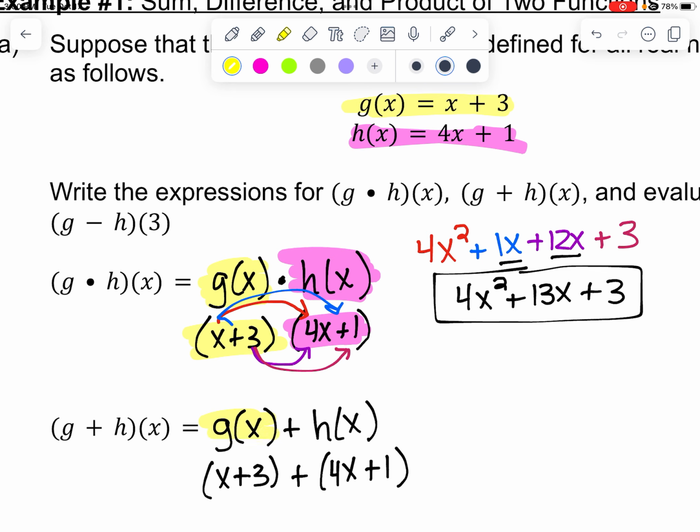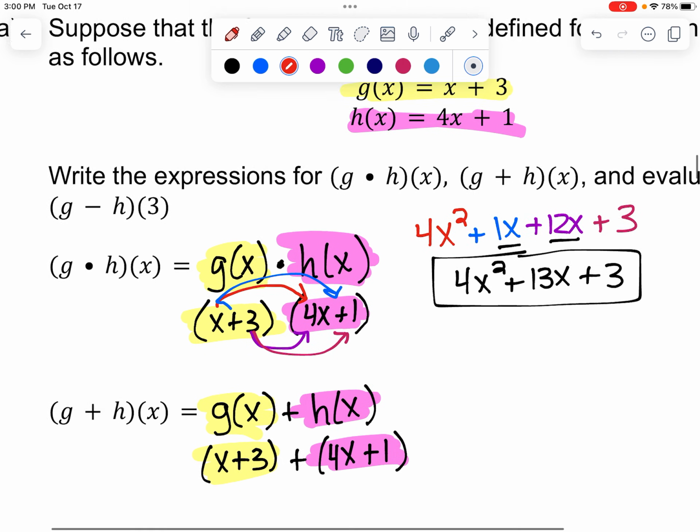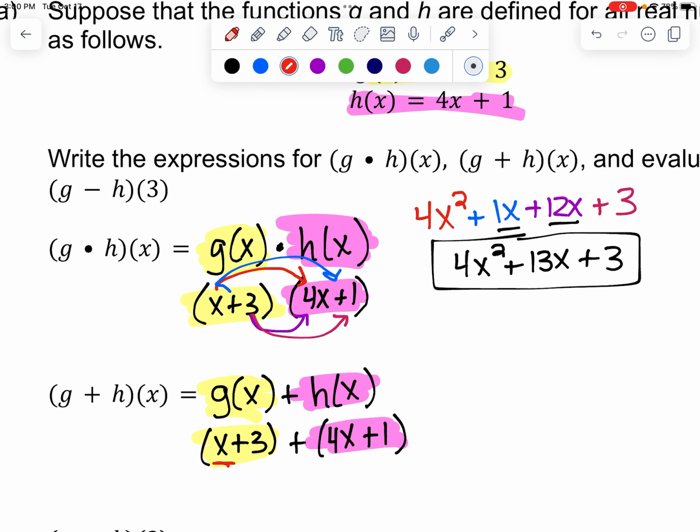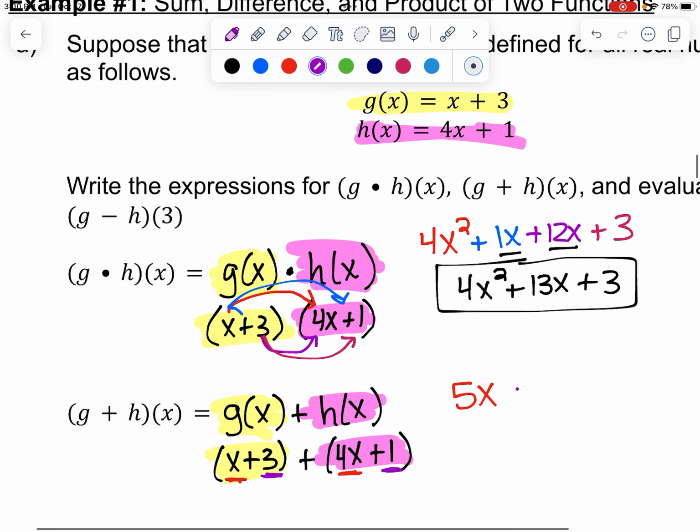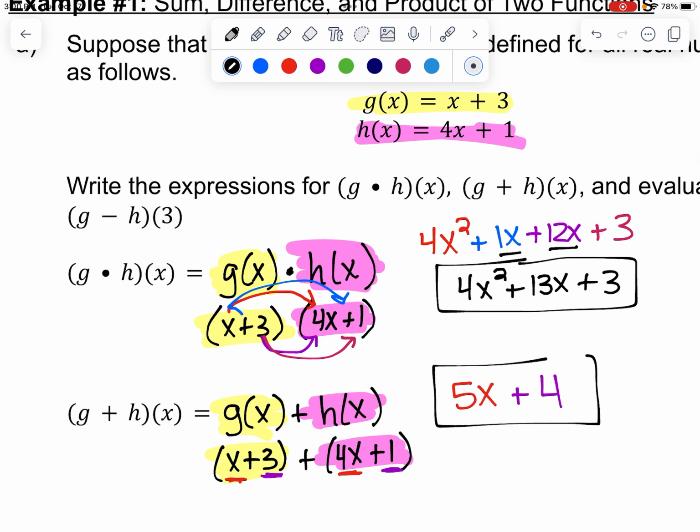Now again, I just substitute that in. And when we're adding, remember you just have to combine your like terms. So we're going to take x plus 4x. 4 plus 1 is 5, so you get 5x. And then we're going to take 3 plus 1. 3 plus 1 is 4. So this simplifies to be 5x plus 4.